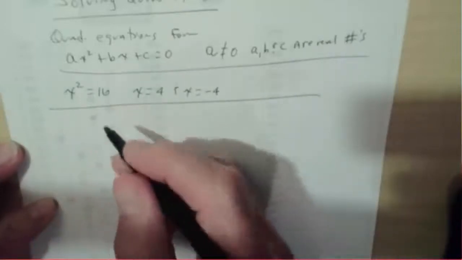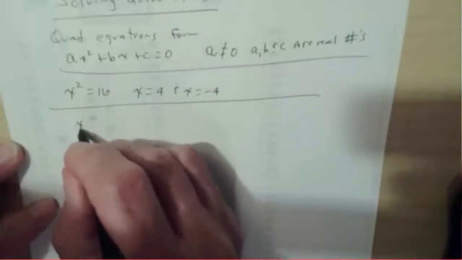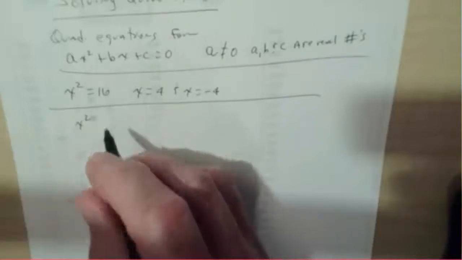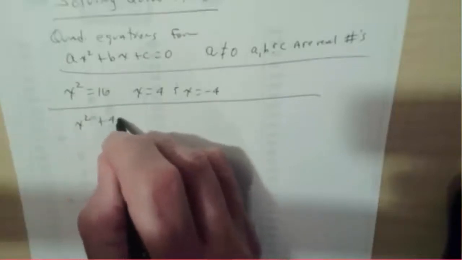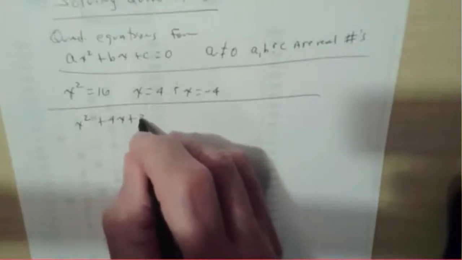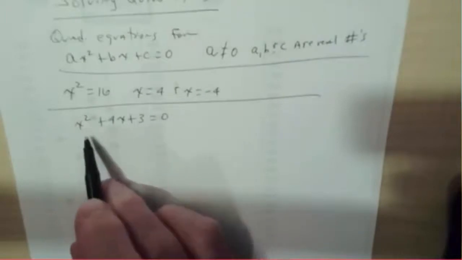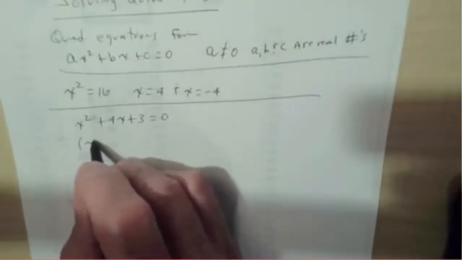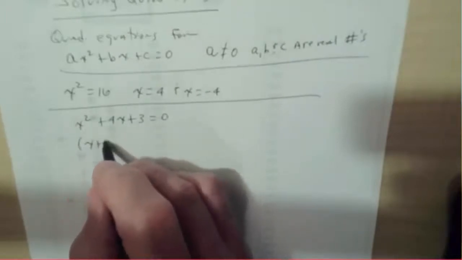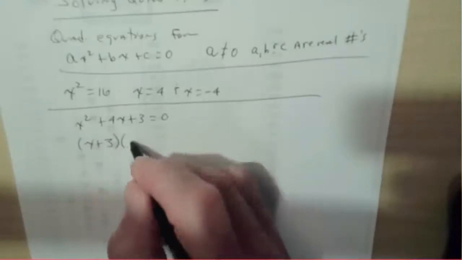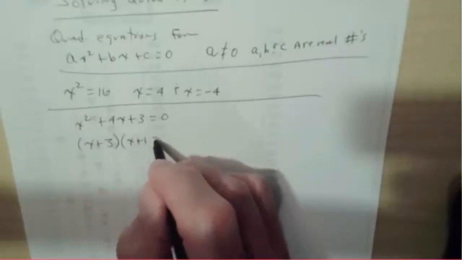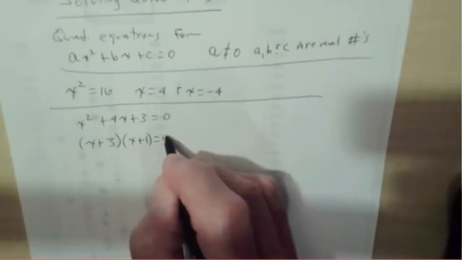Okay, so if you're given that x squared plus 4x plus 3 equals 0, first of all, we're going to factor this into (x plus 3) times (x plus 1) equals 0.